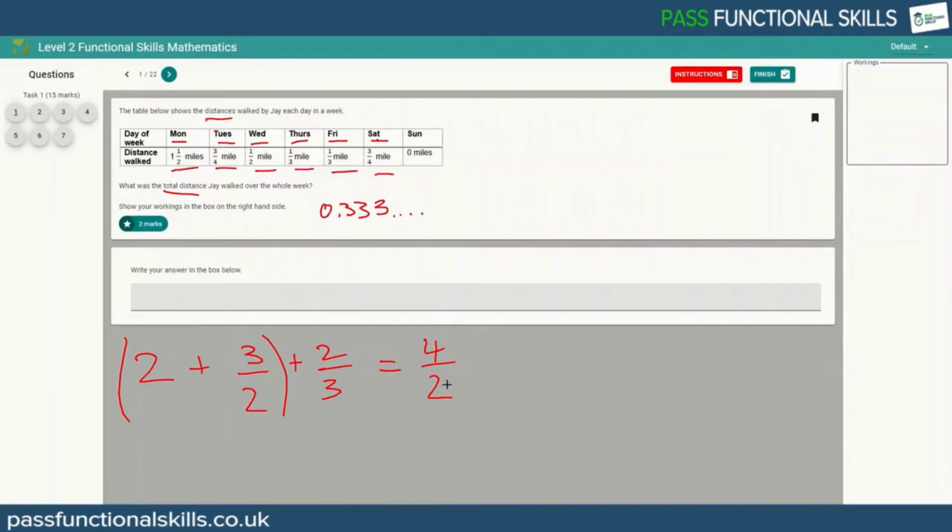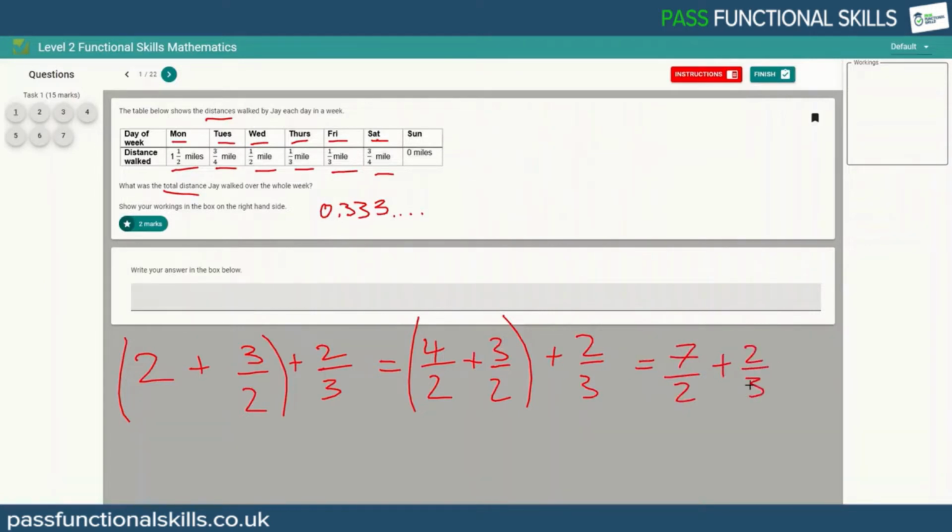So the ratio between the numerator and the denominator is the same, and we haven't changed the value of the fraction. So we've got 4/2 plus 3/2 now. Then we've still got that 2/3 to add at the end. So we simply add 4 plus 3 now, so that equals 7/2 plus 2/3.